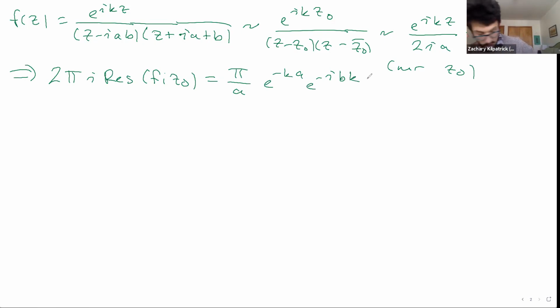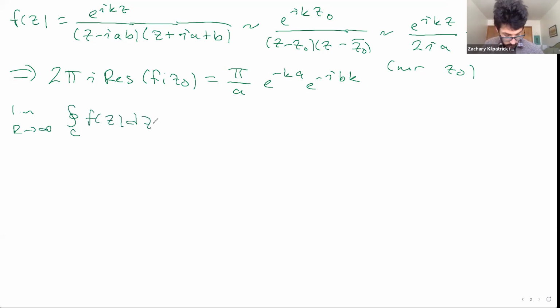All right. And so, okay. So then in the limit, as r goes to infinity, this contour integral is going to be equal to I plus the limit as r goes to infinity of the integral along the contour CR.